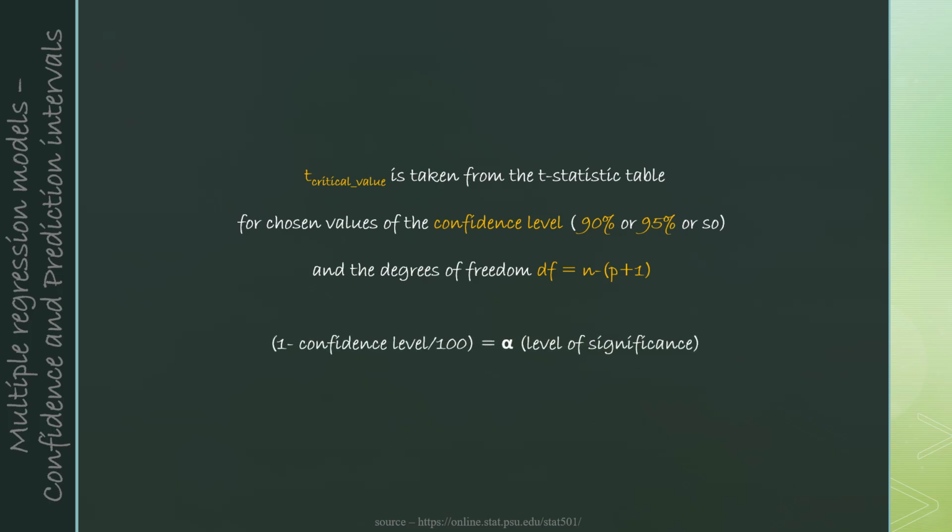1 minus confidence level divided by 100 equals alpha, which is also called the level of significance.